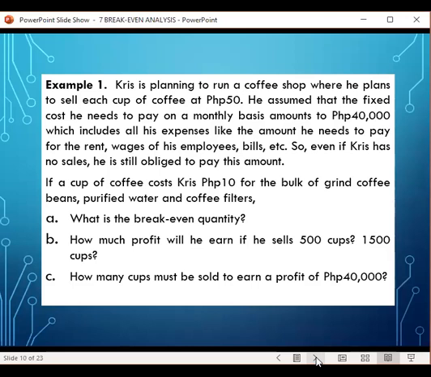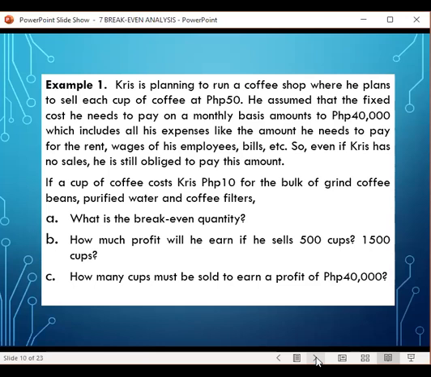For example, Chris is planning to run a coffee shop where he plans to sell each cup of coffee at 50 pesos. He assumed that the fixed cost he needs to pay on a monthly basis amounts to 40,000 pesos, which includes all his expenses, like the amount he needs to pay for the rent, the wages of his employees, the bills, and so on.